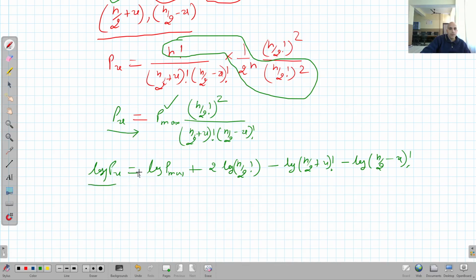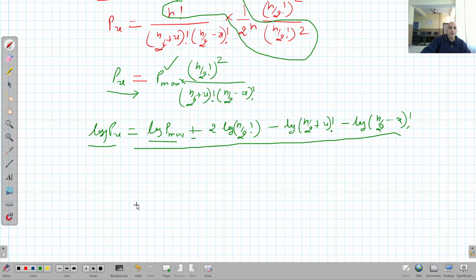So what I did, I simply took the natural log on both the sides. So it becomes log of P x, log of P maximum, and it is multiplication here, so it becomes plus. This 2 comes here: 2 log of (n/2) factorial, minus this. Now I will take the Stirling approximation, that is log of n factorial is equal to n log n minus n.